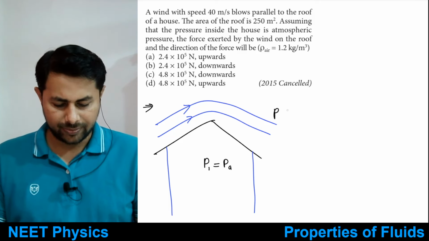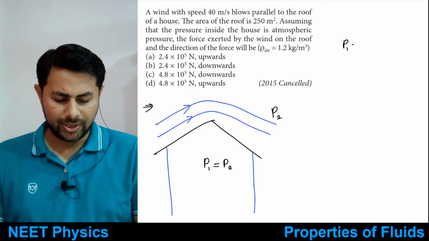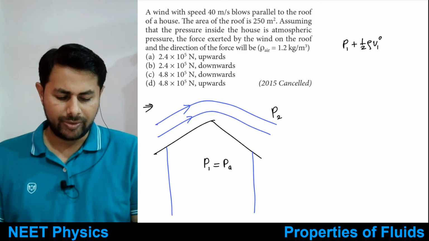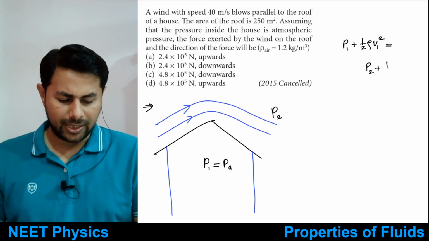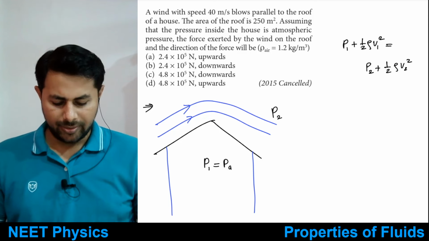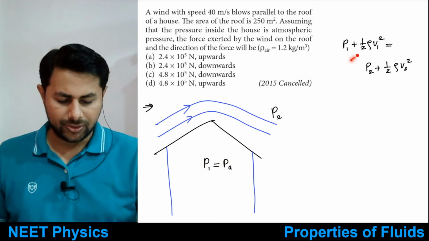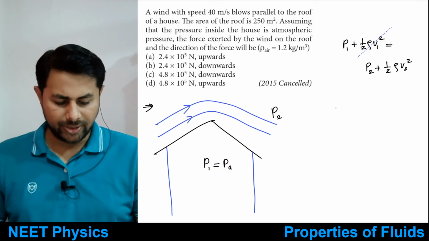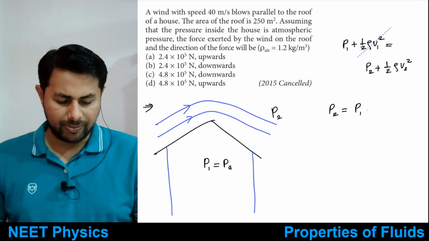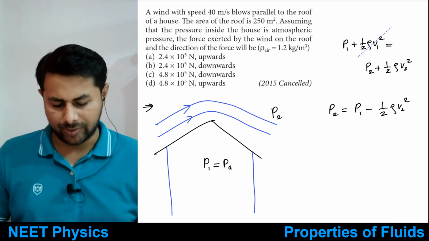Pressure outside would be equal to P2. So make use of Bernoulli's theorem: P1 plus half rho V1 square is equal to P2 plus half rho V2 square. But the air inside the house is not at all moving, so V1 is 0. Therefore P2 is just equal to P1 minus half of rho multiplied by V2 square.